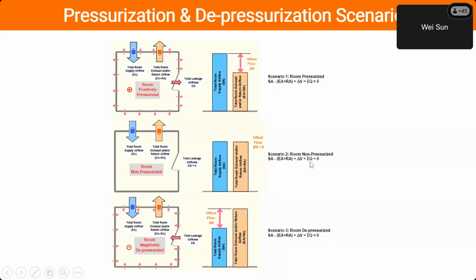So supply air is equivalent to departing air, there is no surplus or deficit. If you want to depressurize the room, you want to make sure the incoming air is less than the departing air. So you actively have a deficit in the room, so it will draw the leakage air from the surrounding adjacent space. That's the way to make the room in negative pressure with respect to the surrounding adjacent space.